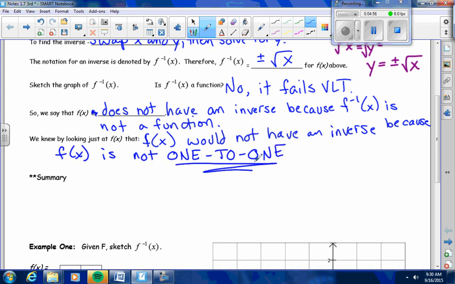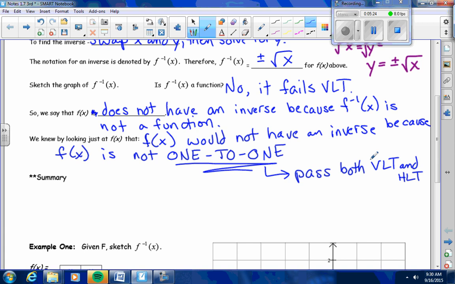Now, what does it mean to be one-to-one? Well, first of all, in order to be one-to-one, it has to pass both the vertical line test and what we call the horizontal line test. The horizontal line test works exactly the same way as the vertical line test.